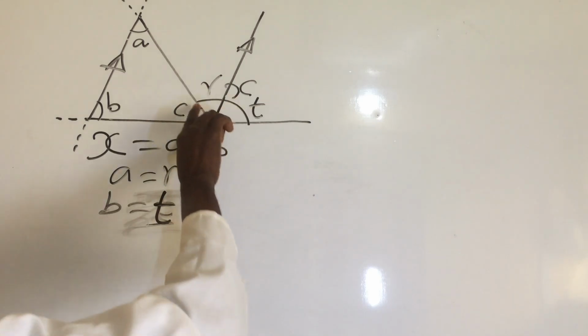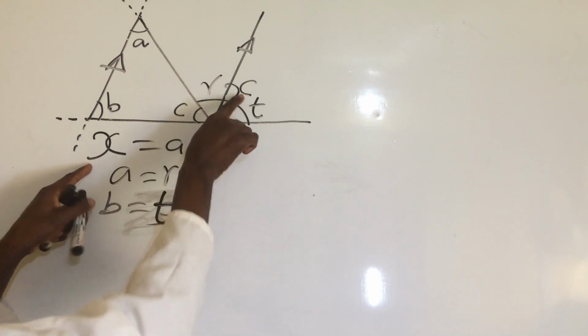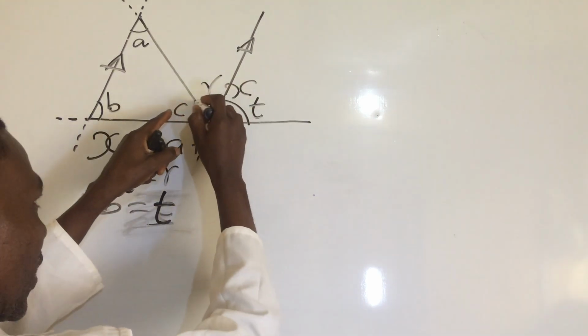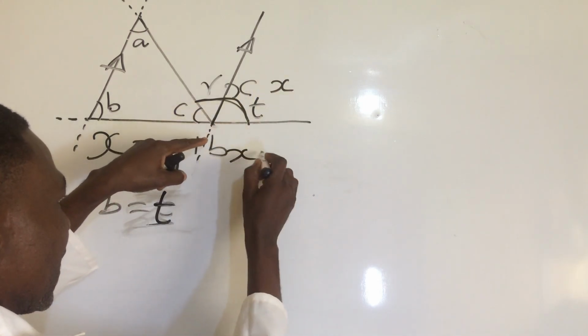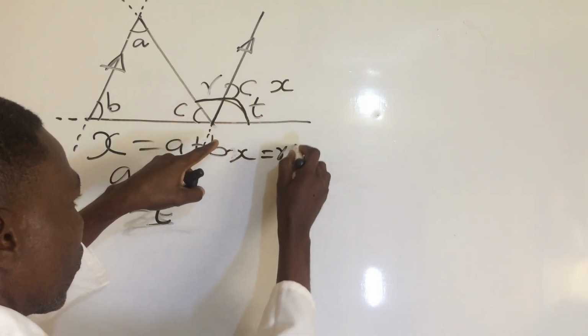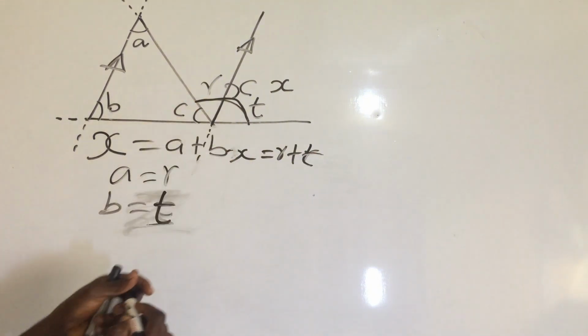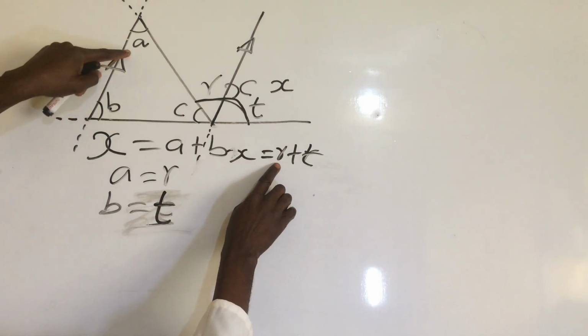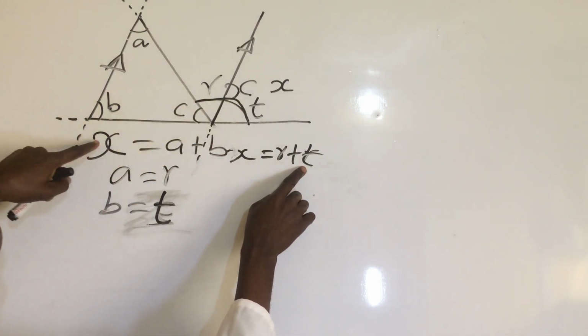R plus T is the whole angle, which we name X. This X, the whole angle, is equal to R plus T. And R is the same thing as A, and T is the same thing as B.